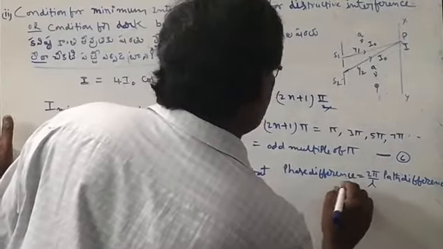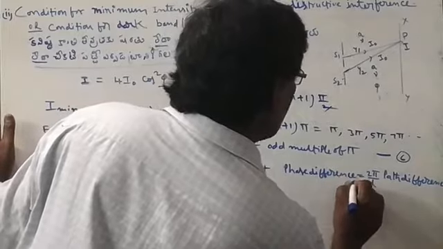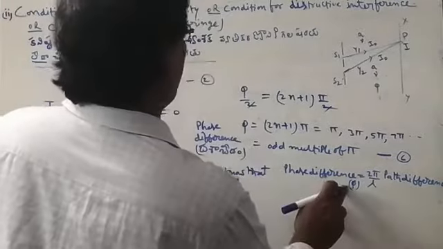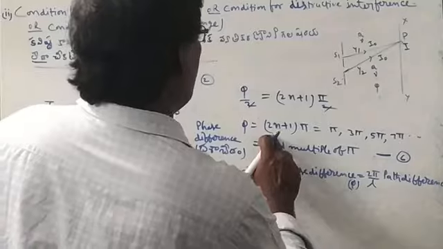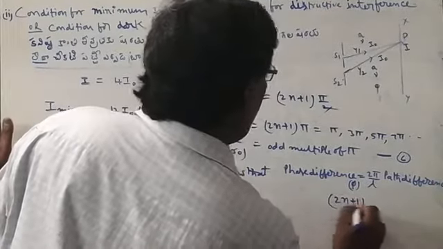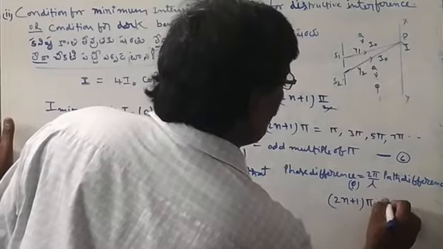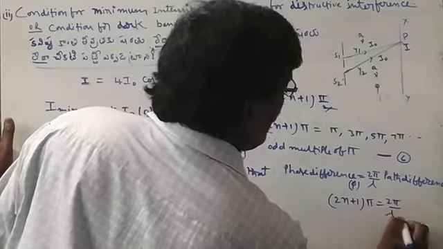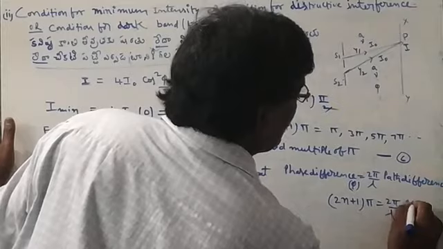Therefore, phase difference is denoted by letter phi. Substitute the phi value: 2n plus 1 into pi is equal to 2 pi by lambda into path difference.